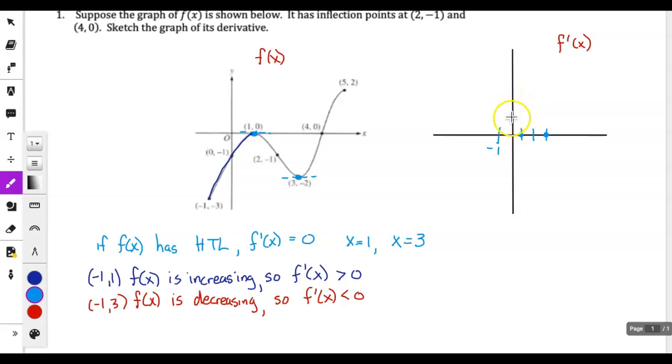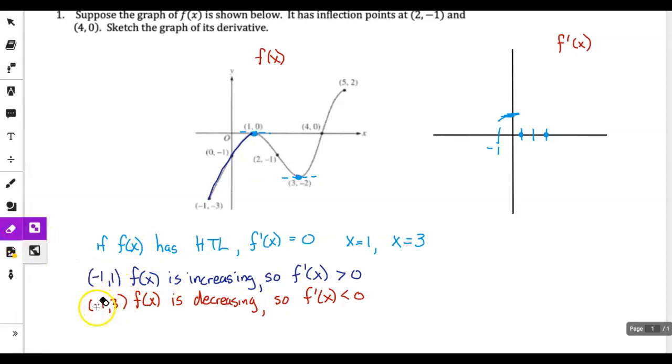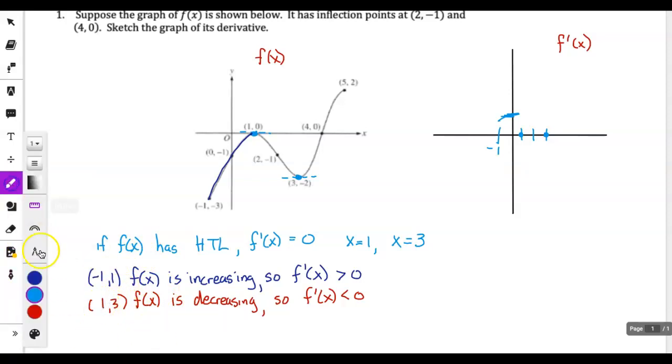The original is increasing on this -1 to 1, so my derivative needs to be positive. So from here, it needs to be up here. I'm sorry, I put -1, that's my bad. You're probably shouting at the computer, right? And then from 1 to 3, which is over here, since the original is decreasing, the derivative should be negative.